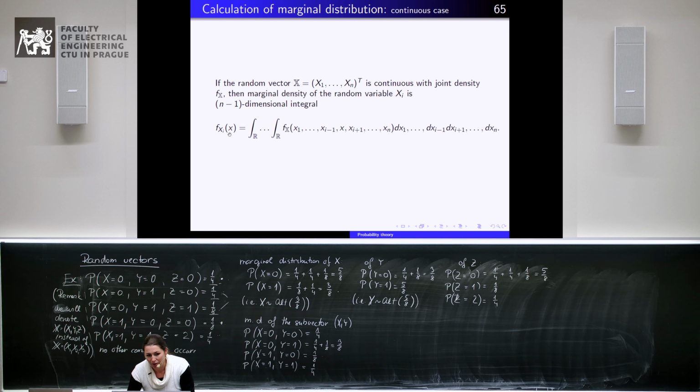It is the variable of the density we are deriving, and the integral is n-1 dimensional, because the ith item is fixed. So it is the analogy to the situation when we calculate the probability that x is equal to 0. X is equal to 0 was fixed, and we calculate the sum of all probabilities where x was fixed to 0 and the other variables were changing. So this is the analogy to this situation.